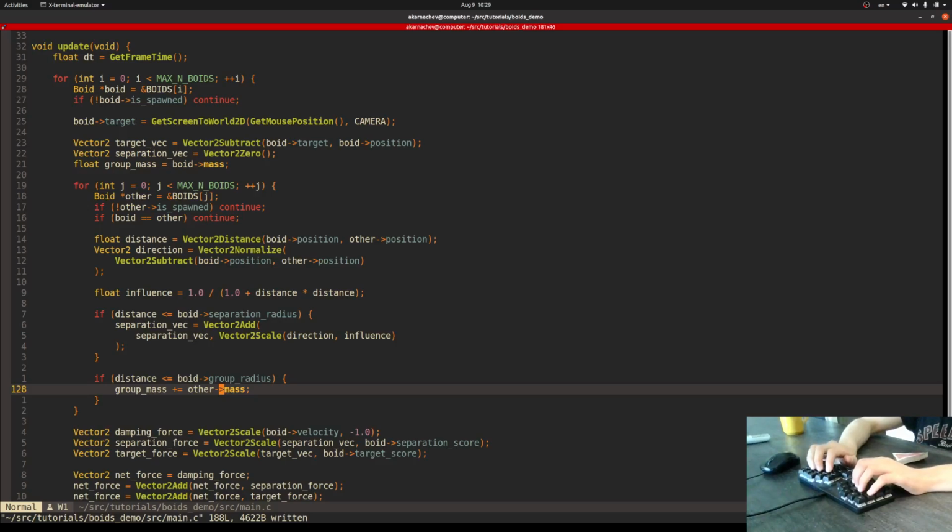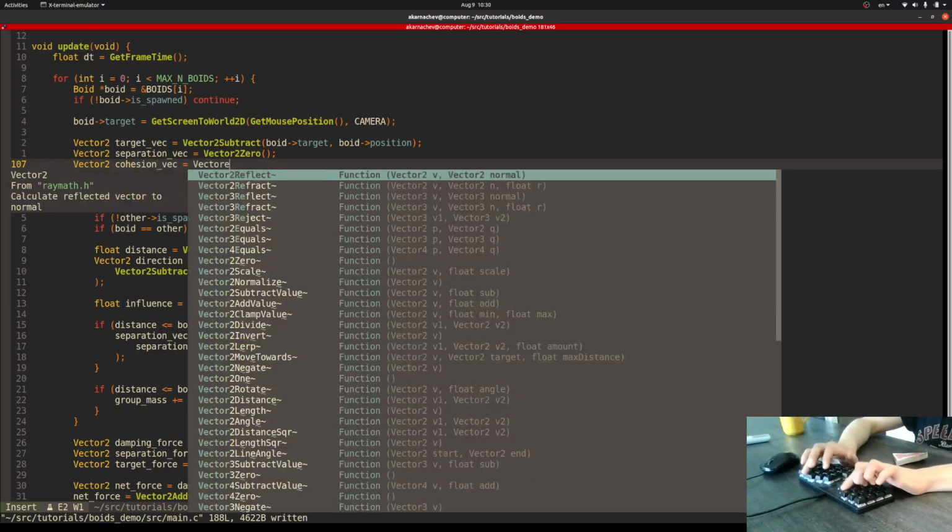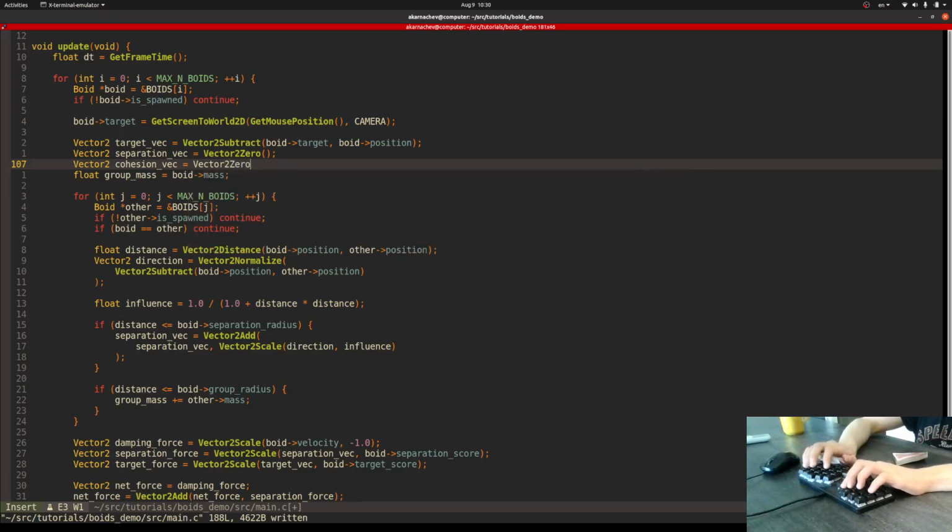Yeah, and let me introduce the cohesion vector. Cohesion vec is equal to vector 2, 0 for the beginning.